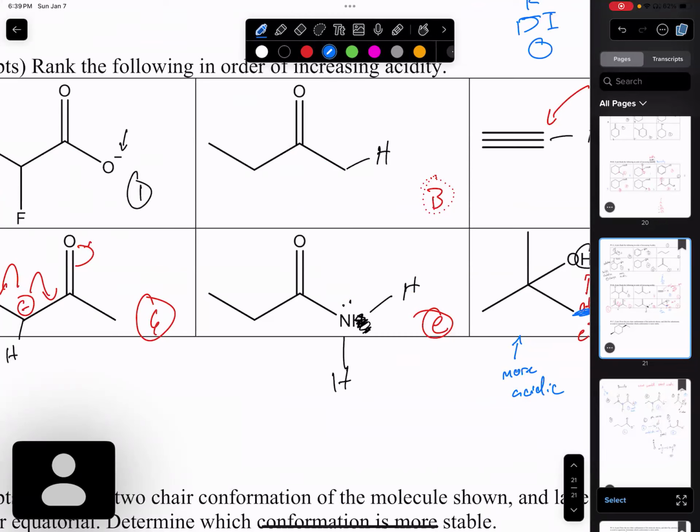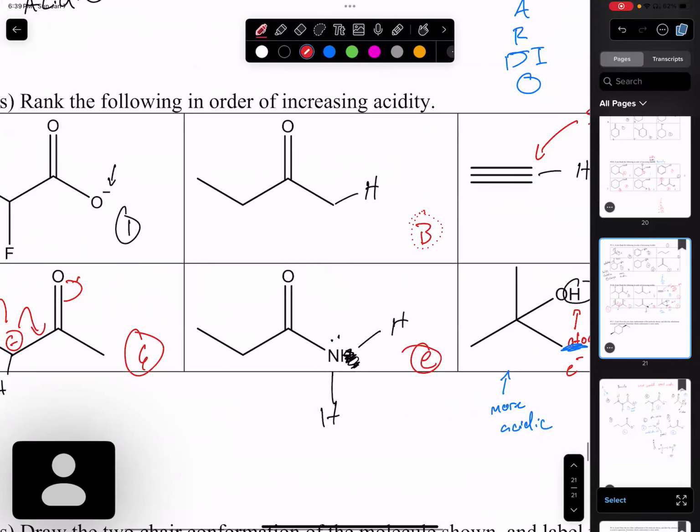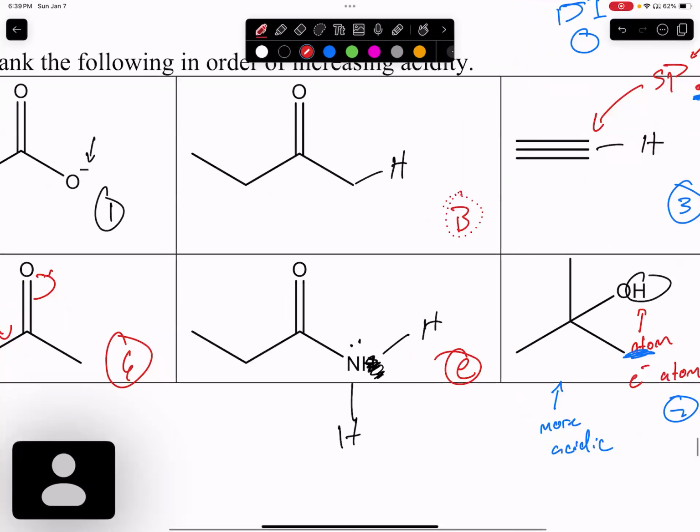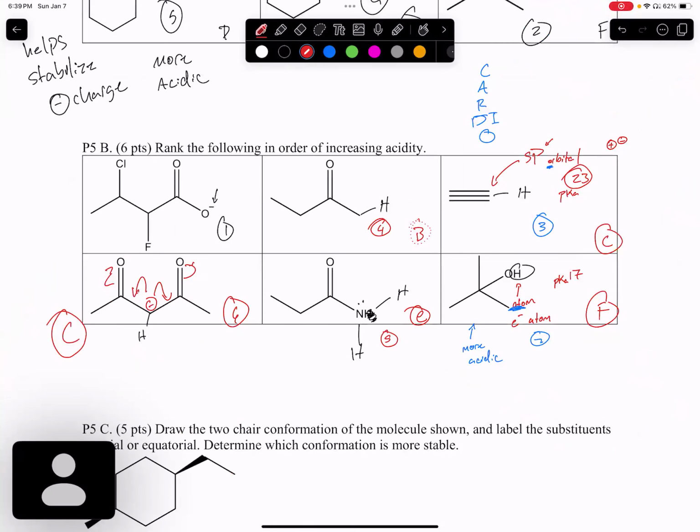Is it B or is it E? E would be more acidic. Yes, thank you. So this would be 5. Okay. Not too bad.